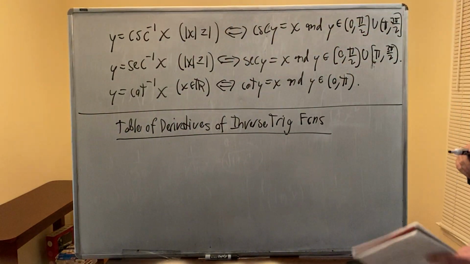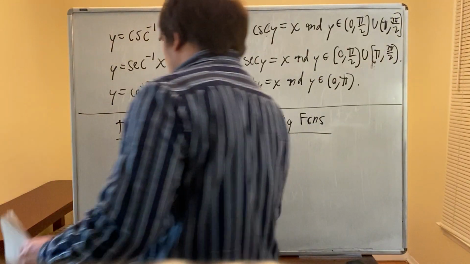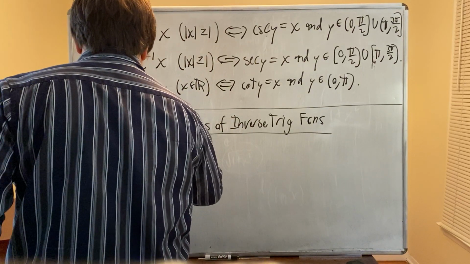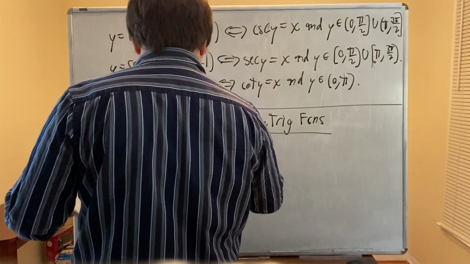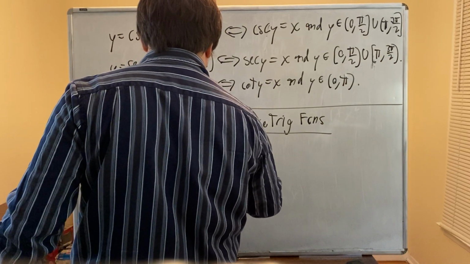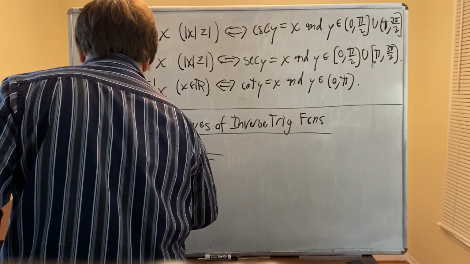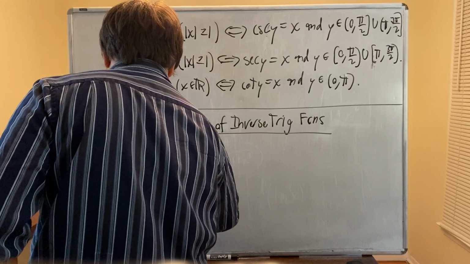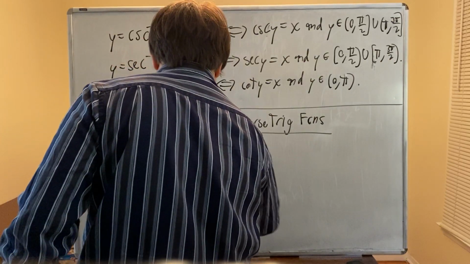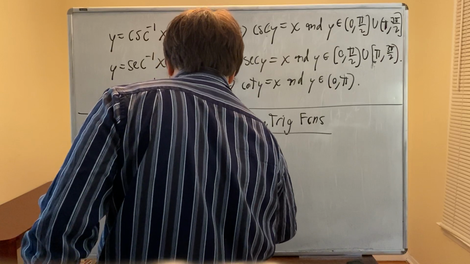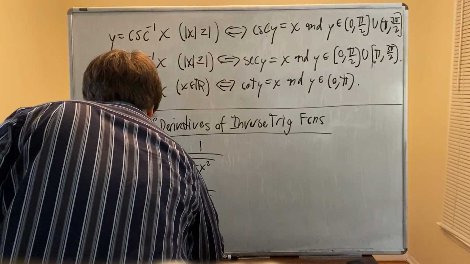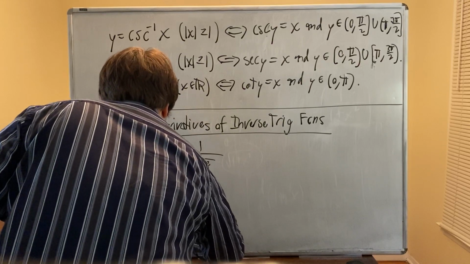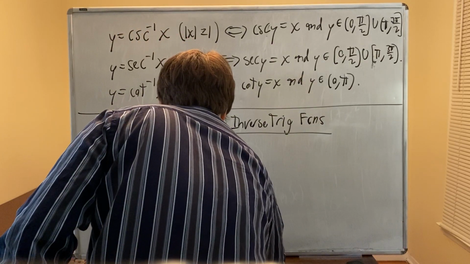So, table of derivatives of inverse trig functions. d/dx of sine inverse x is equal to 1 over the square root of 1 minus x squared. d/dx of cosine inverse x is equal to negative 1 over the square root of 1 minus x squared, like I showed before. And d/dx of tan inverse x is equal to 1 over 1 plus x squared.